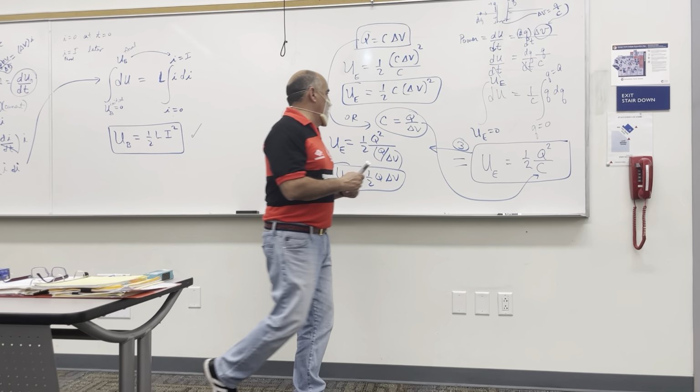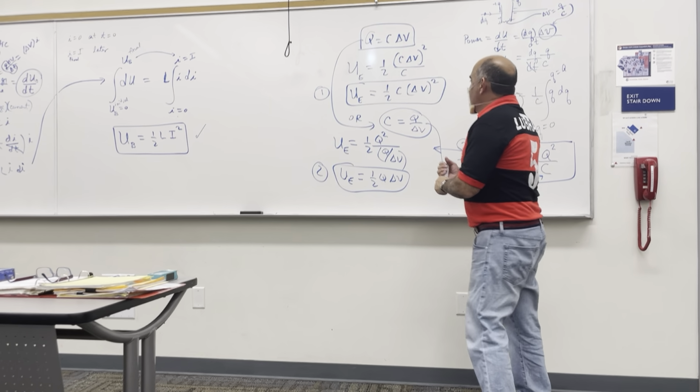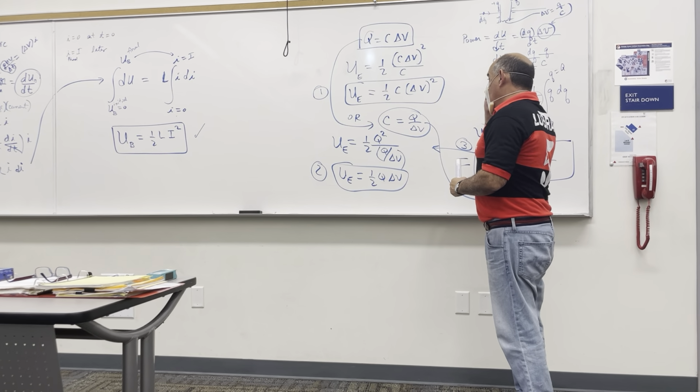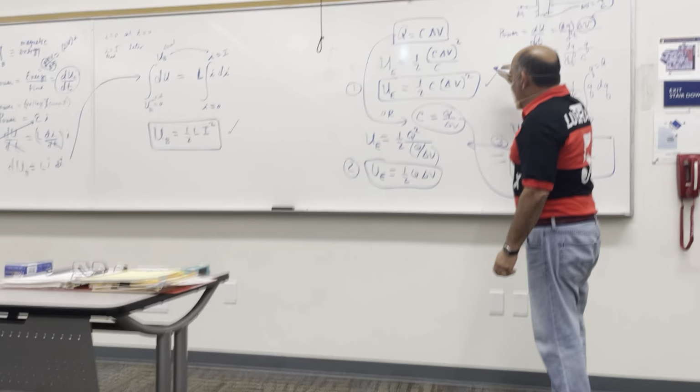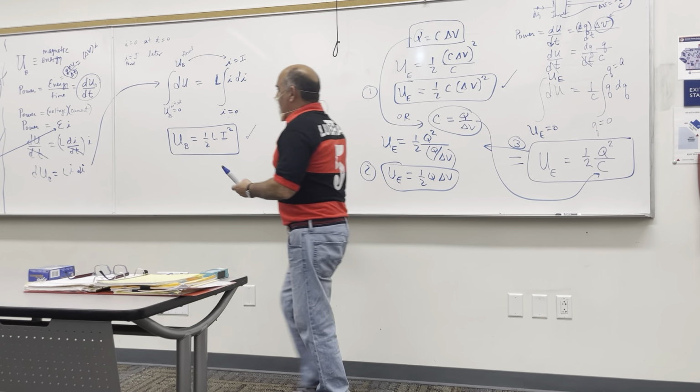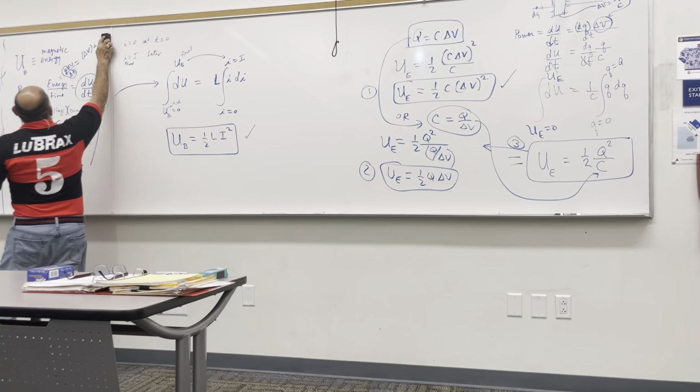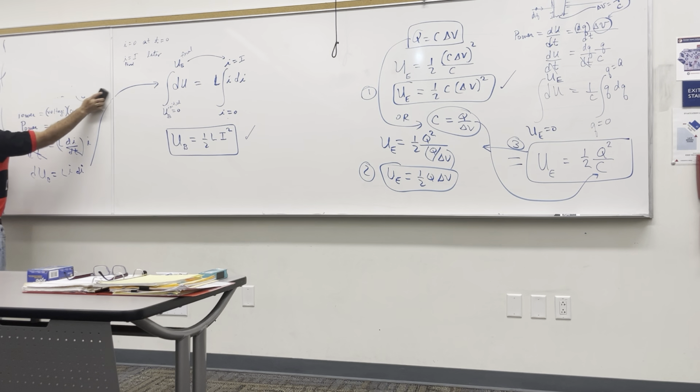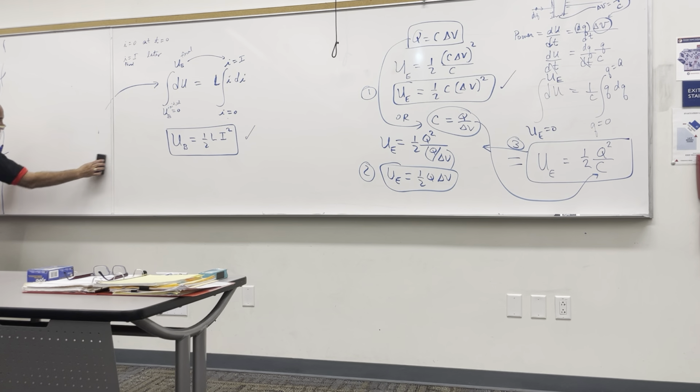How about I use this one. Let me do a little aside over here. I'm trying to review some things. I know that capacitance, that was chapter 24, that was a long time ago. But in my notes, we consider the following.